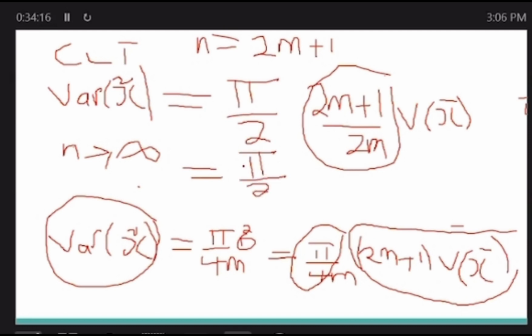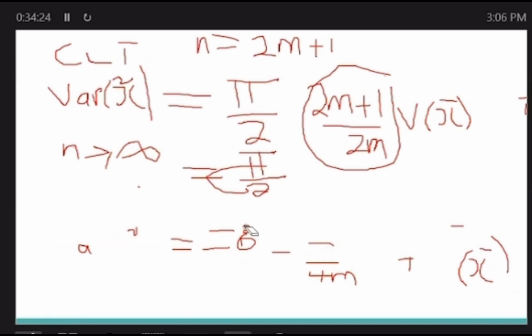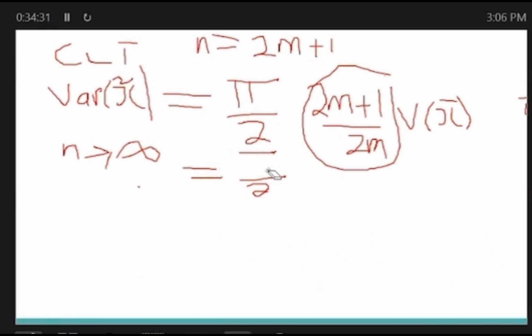Let me clean this so that you can see very well. When n is large, applying the central limit theorem, just like I said, what am I going to have now?